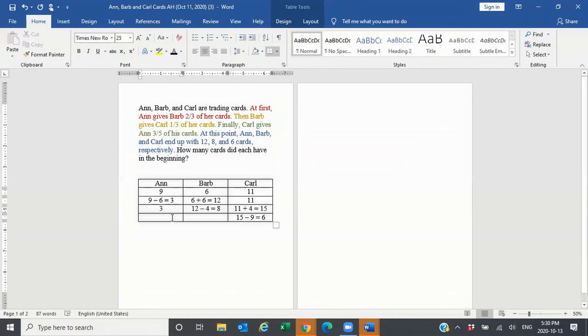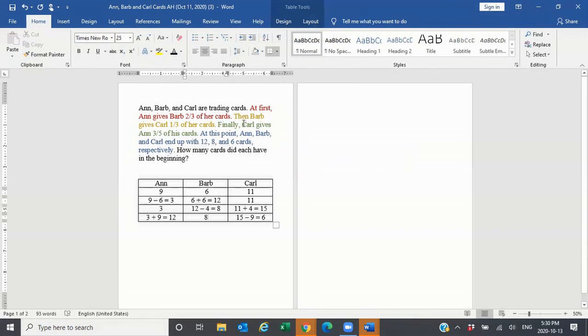And of course, we give her 9. She has 3 plus 9, and that equals 12. And Barb played no role in this part of the question, so we still keep her at 8 cards.